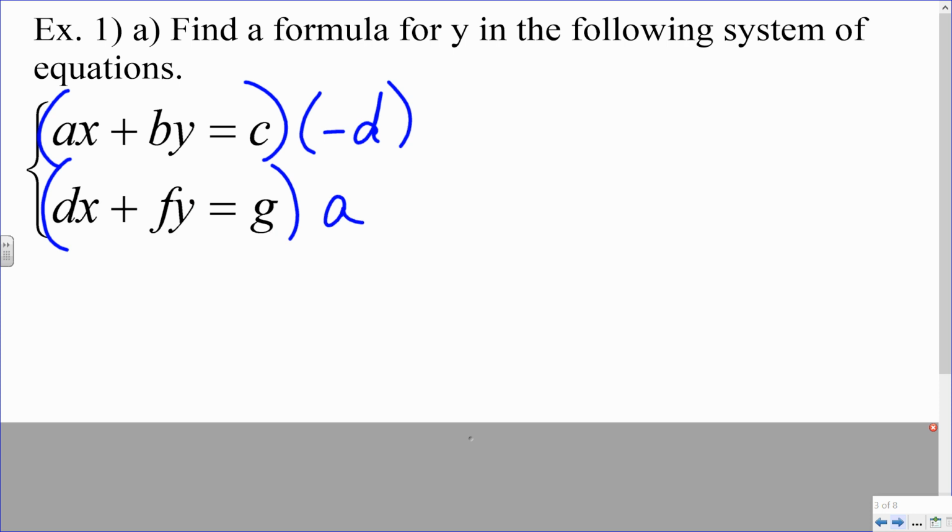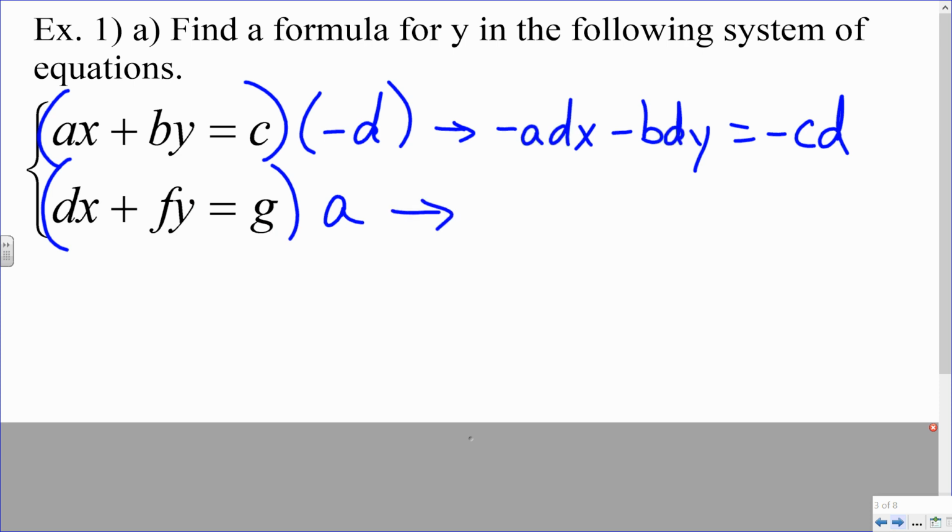Aiden, what do I get for the first equation? I knew what you meant on that. And what about for the second equation? If we multiply by a, what will we have? Abby H?